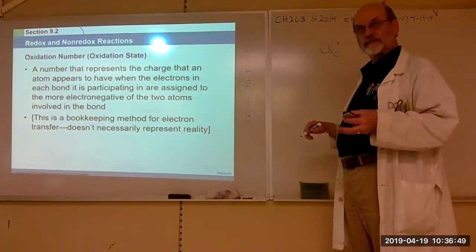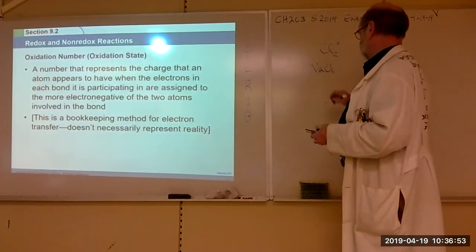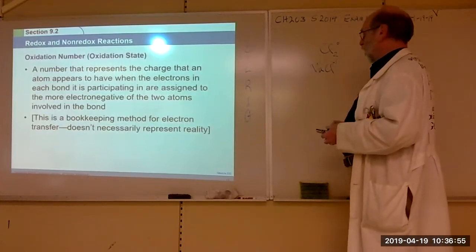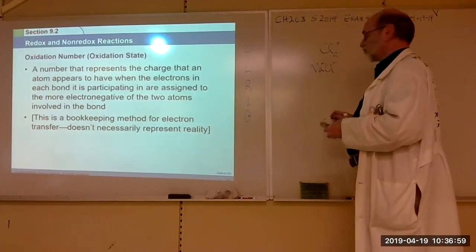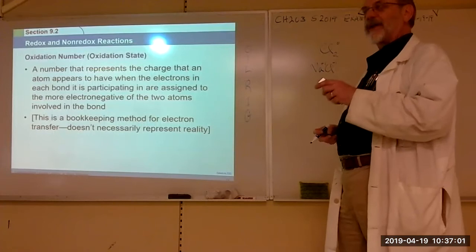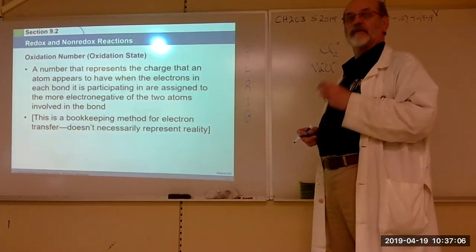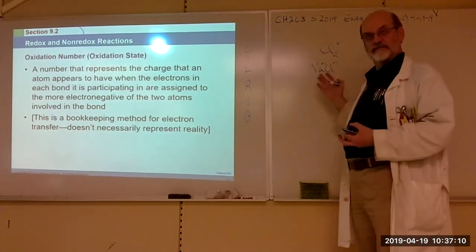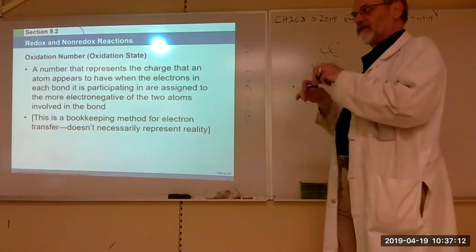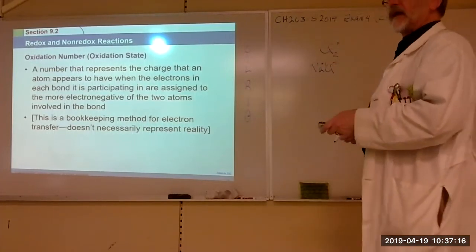It's elemental. But if it's in a compound like table salt, the chlorine is -1, and the sodium is +1. All alkali metals in that first group are +1. All halogens are -1. So we can just take those to the bank.